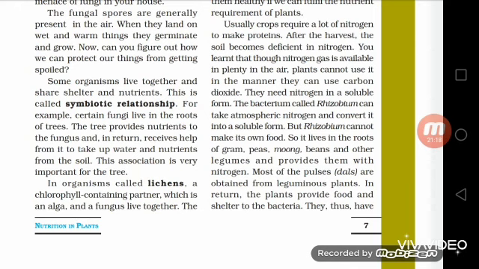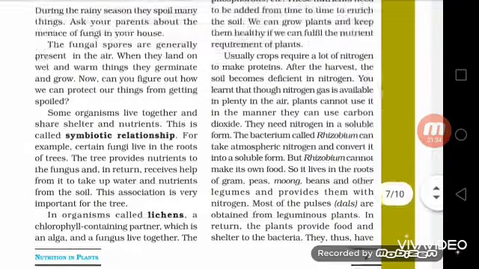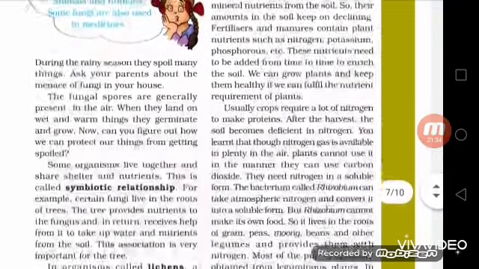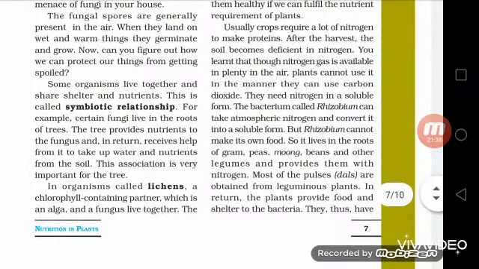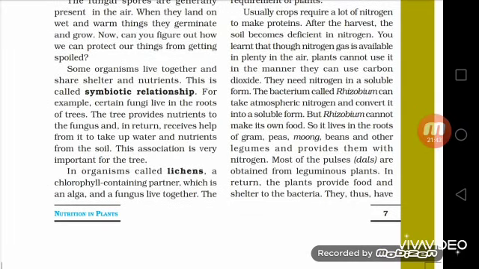So which two organisms? That is rhizobium bacteria as well as the plant. Both organisms are getting benefit. So that's why in this way plants can replenish their nutrients. Are you getting my point?